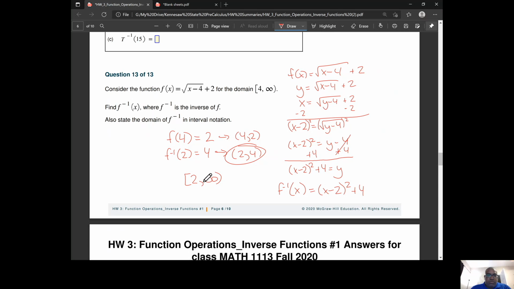So this inverse has a domain because the inverse is related to the original function. It's like a reflection. If you really want to see it, the parent function looks like this, right?